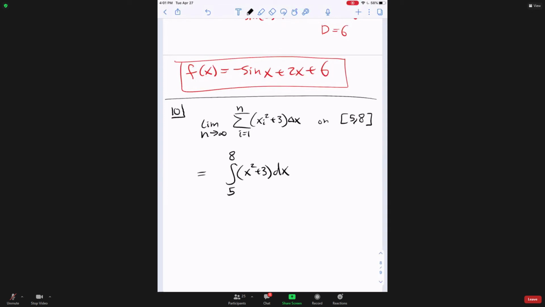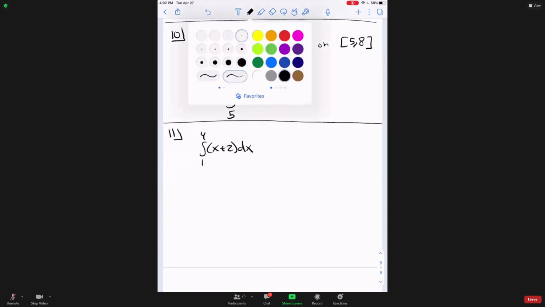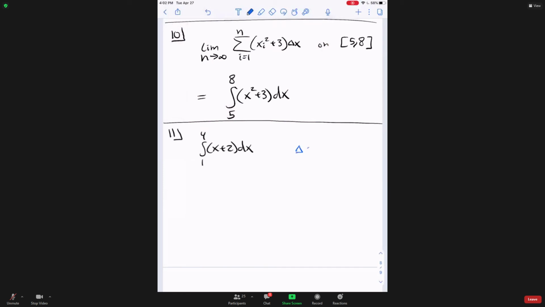All right, now we're going in reverse on number 11. The interval is from 1 to 4, but you have to do a little more work going this way, because you want to figure out what your delta x is, which is b minus a over n, which is 4 minus 1 over n, so it's 3 over n.